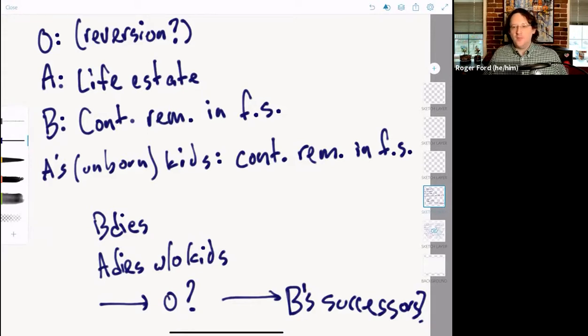And so that's something that B owns when B dies. And so B can leave that to someone in their will, and then that person would take possession at A's death. So in this scenario, it doesn't go to O. It goes to B's heirs or B's devisees or whoever B sold it to. And that means if B doesn't have any of those people, then it would go to the state.